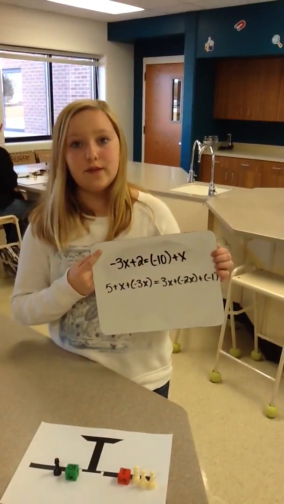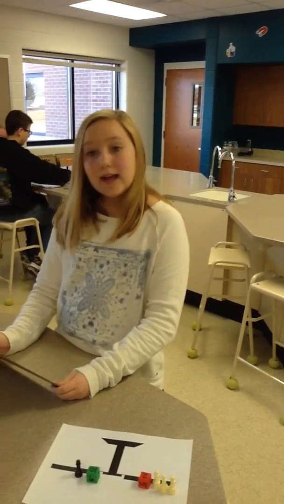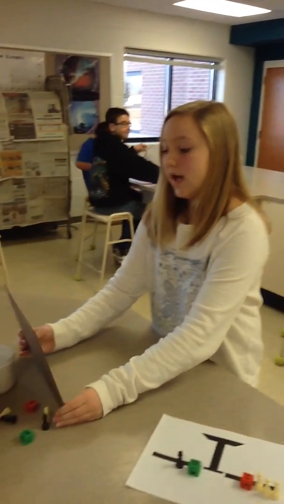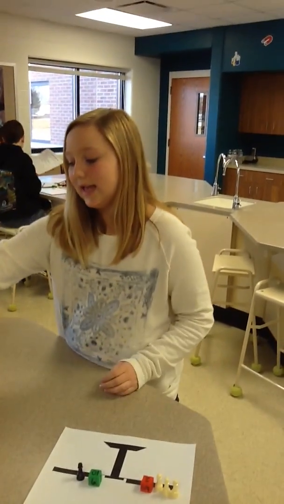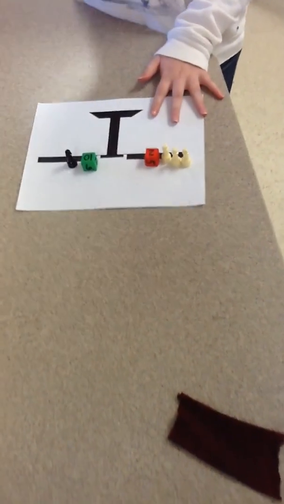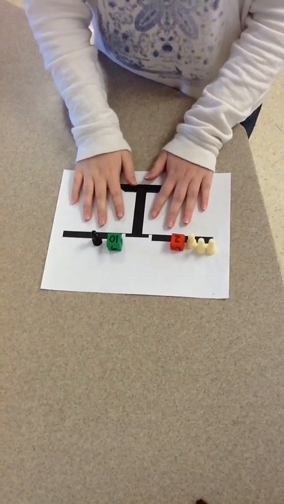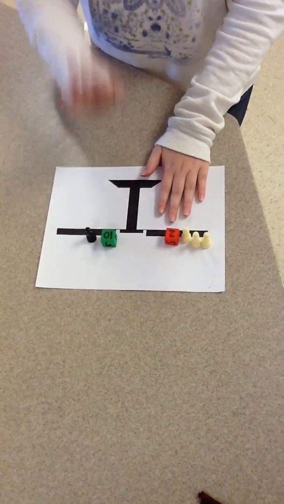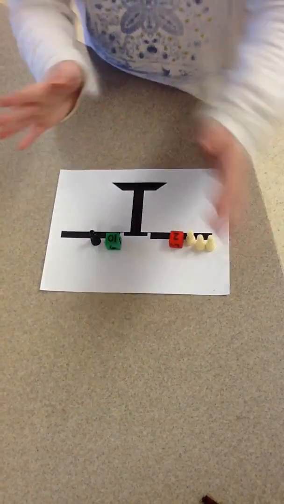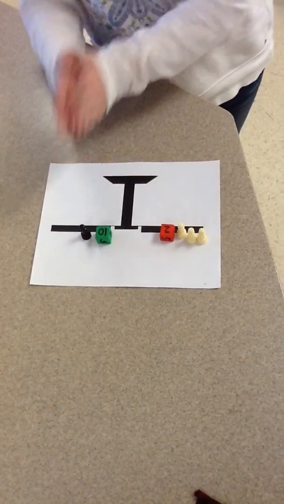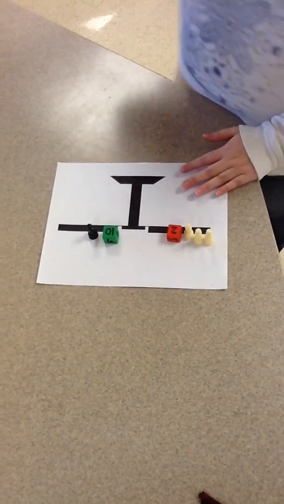I'm going to start off with the first one: negative 3x plus 2 equals negative 10 plus x. I already have that set up on our scale, and these two sides have to be equal at all times. So if you add something to one side, you have to add the same to the other side.